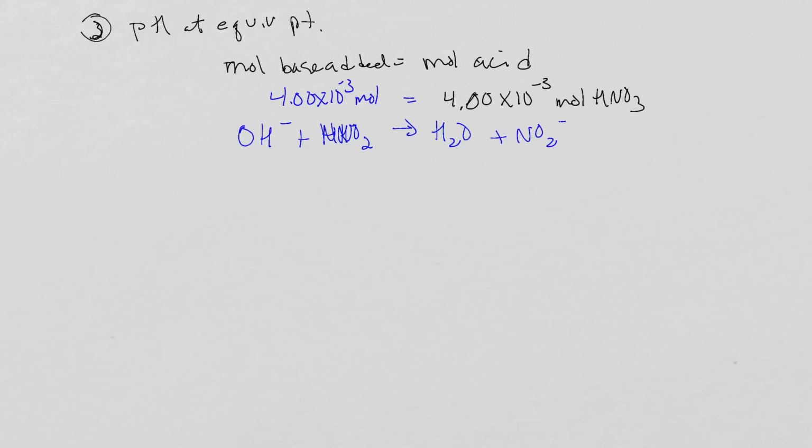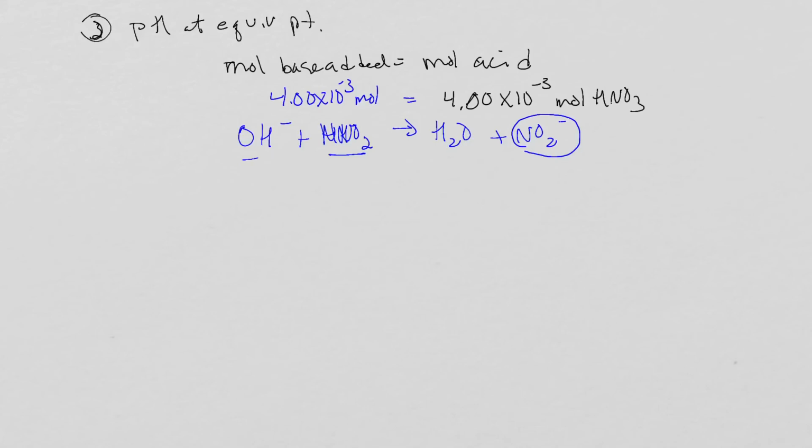So remember, in order to find the pH at the equivalence point, we can think about what kind of solution it is. At the equivalence point, we have neutralized all of the acid with our added base. And so the only species in solution that can affect the pH is the conjugate base of our acid, which is a weak base.